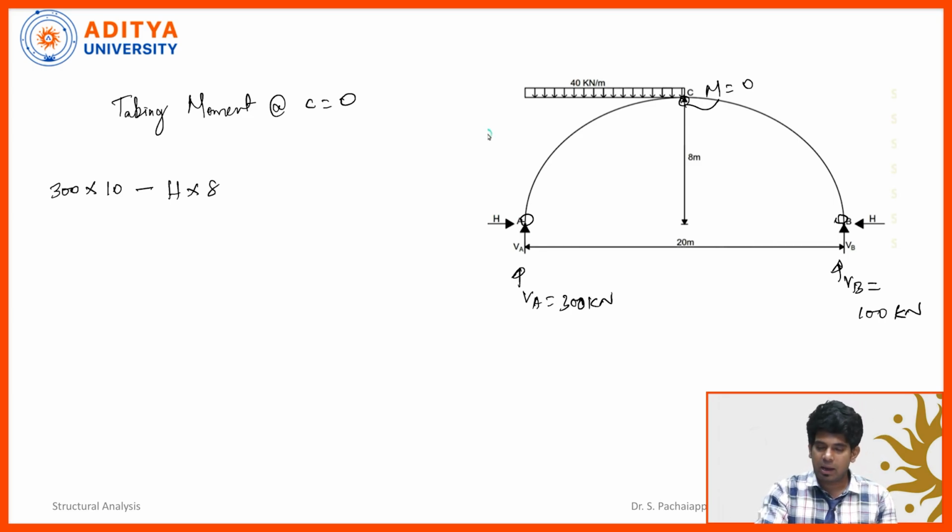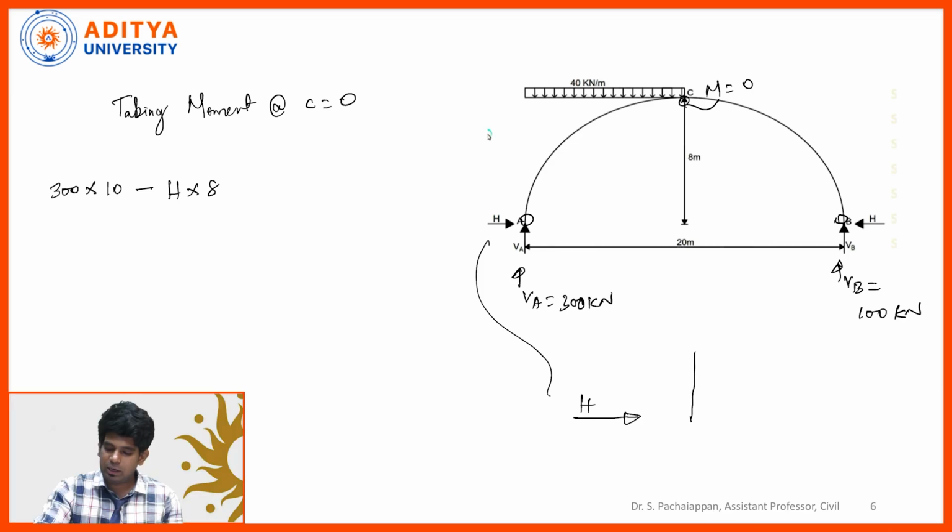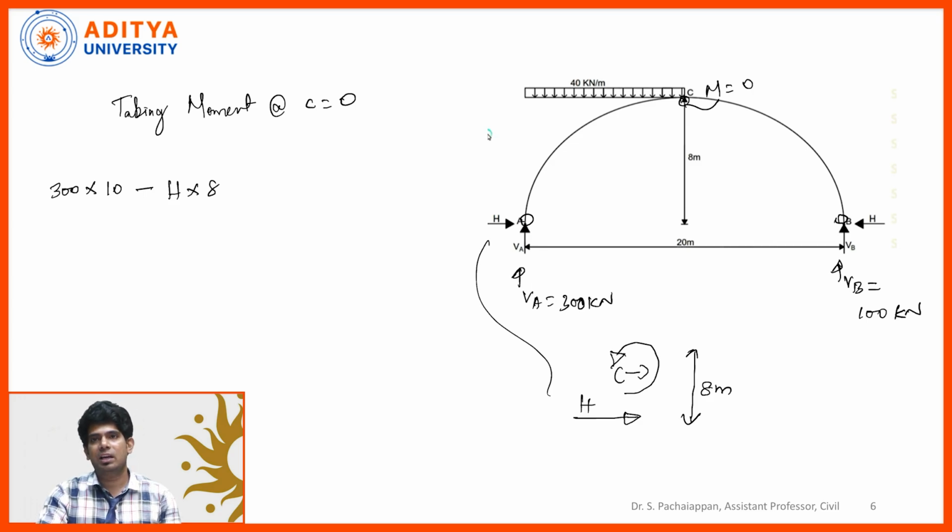The reason I am taking minus H is, let's draw the free body diagram here. The horizontal force H is acting here, and the perpendicular distance is the height of the arch. Force multiplied by distance is moment, and it is rotating in an anti-clockwise direction. For anti-clockwise direction we consider negative, and for clockwise direction we consider positive. That's why we have minus H multiplied by 8.